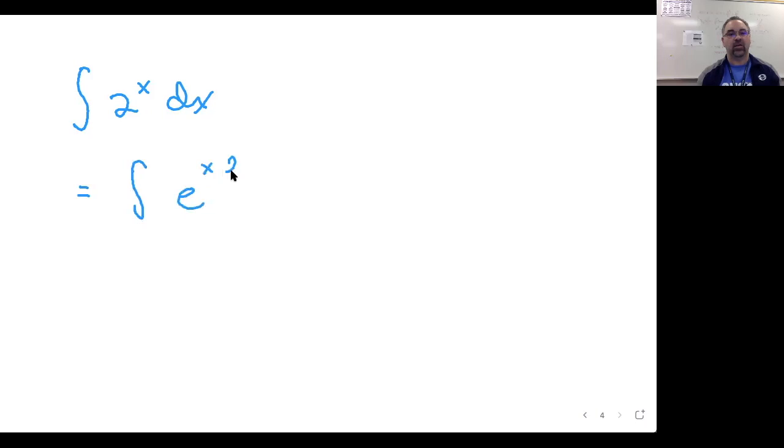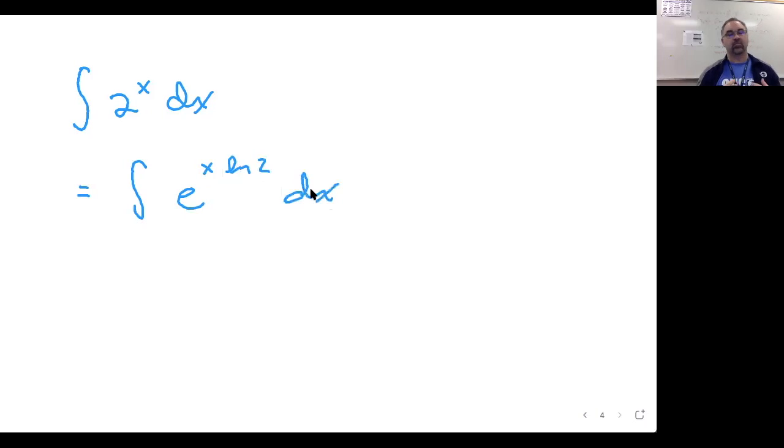Okay, so if I had like an integral of, say, 2 to the x power dx. Okay, well again, change of base formula for that. Let's apply that. That's the integral of e to the x times natural log of 2 dx.